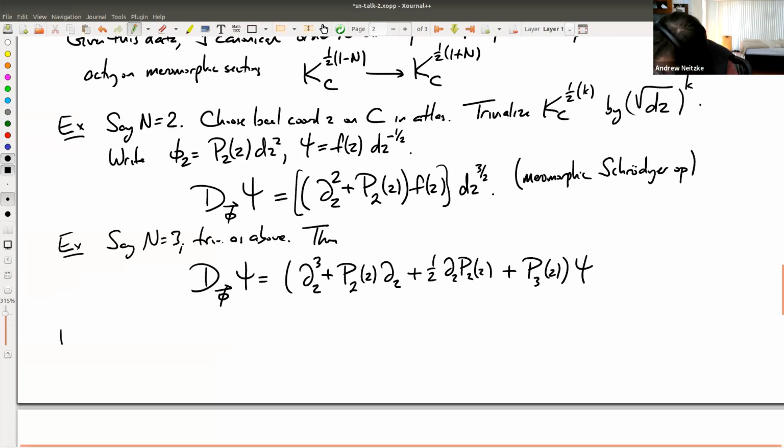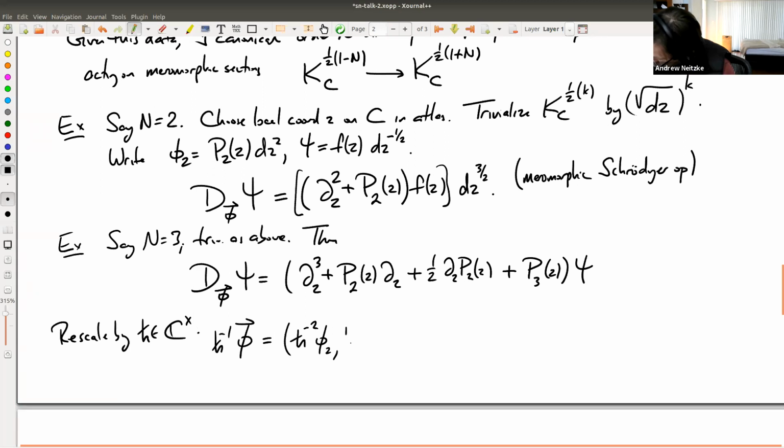So let's allow ourselves to rescale by a parameter which I'll call Hbar, a C-star valued parameter. So I'll define Hbar inverse phi to be the tuple where I just rescale each one by the corresponding power. So phi 2 I rescale by Hbar to the -2, phi 3 I rescale by Hbar to the -3, and so on. It's like just rescaling the whole tangent bundle by Hbar.